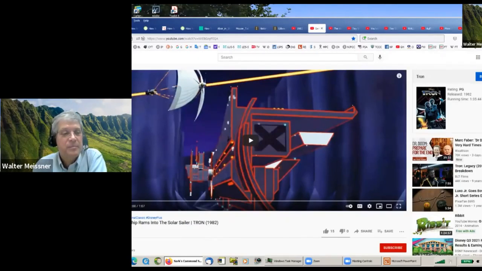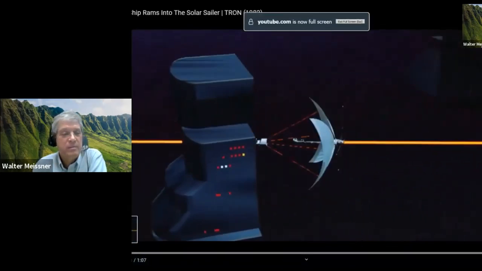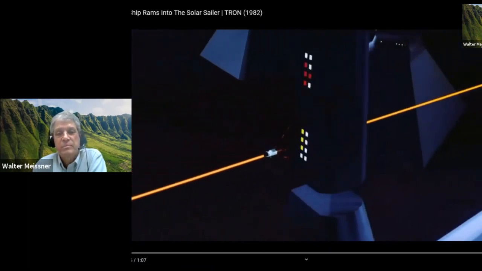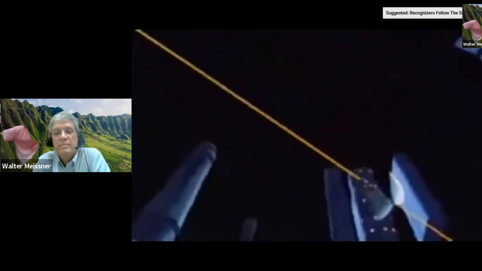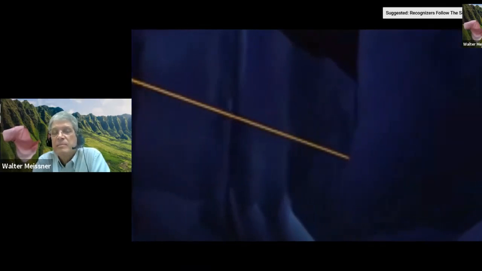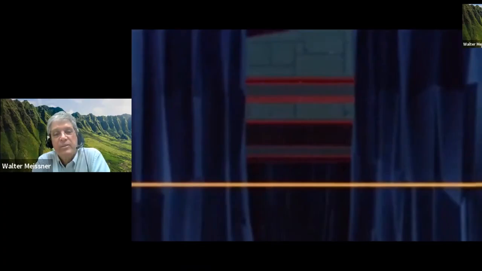Anyway, you can see that most of the graphics is still pretty simple, with the exception of a couple of key pieces. So this thing is a solar sailor that sails on a beam of light.